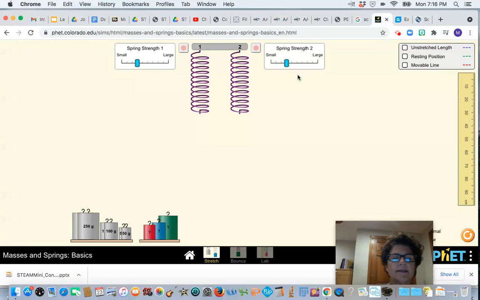In science, the inquiry process has kids ask questions, do some research, state a hypothesis, and then design an experiment to test that hypothesis. There's always an independent variable and a dependent variable. The independent variable, I tell my students, is the one that you're changing on purpose.